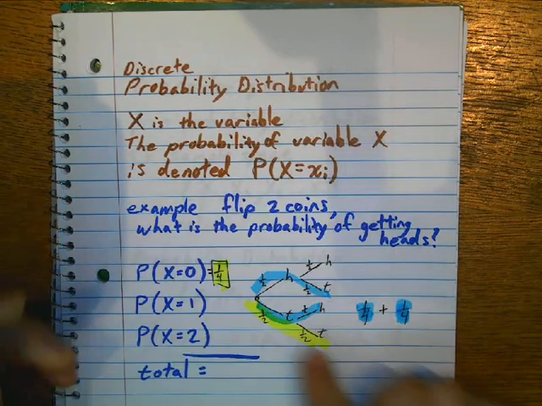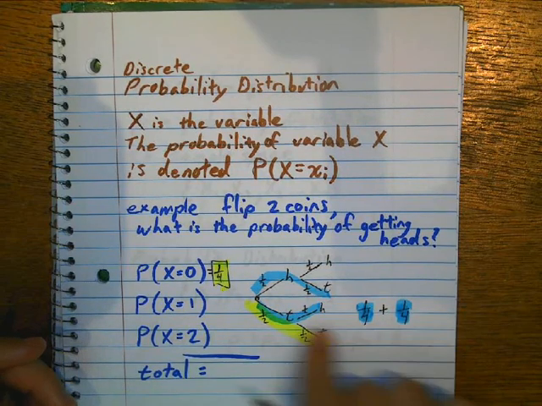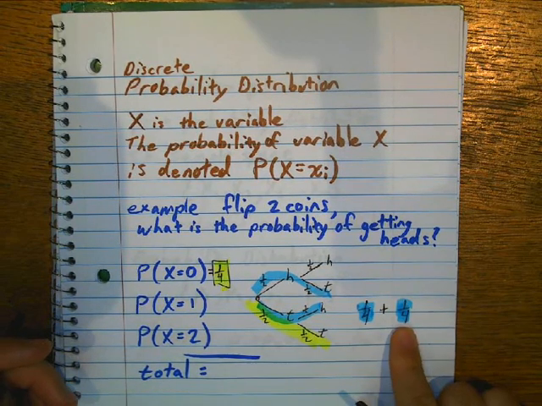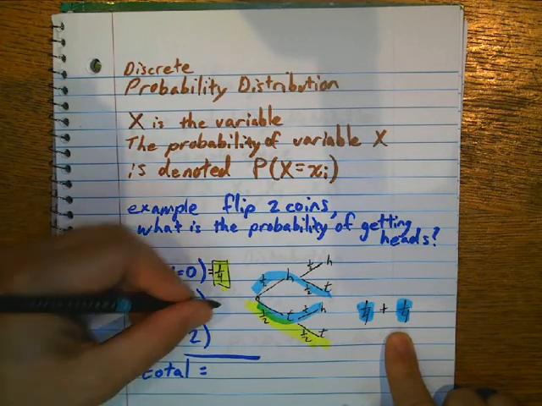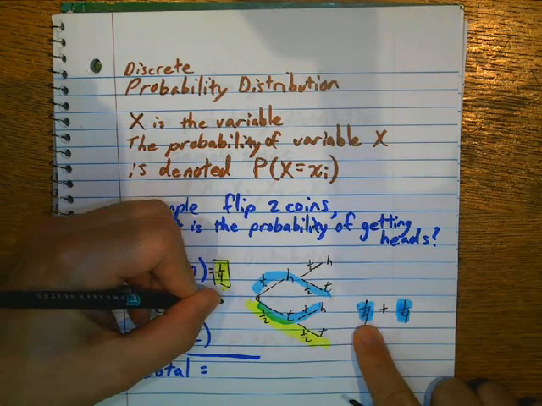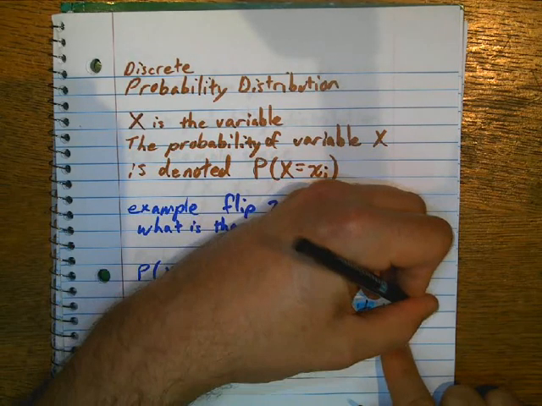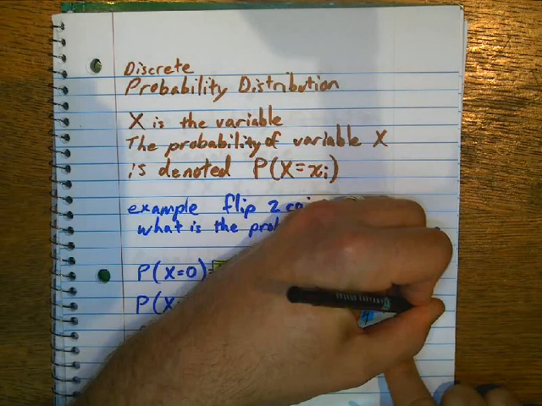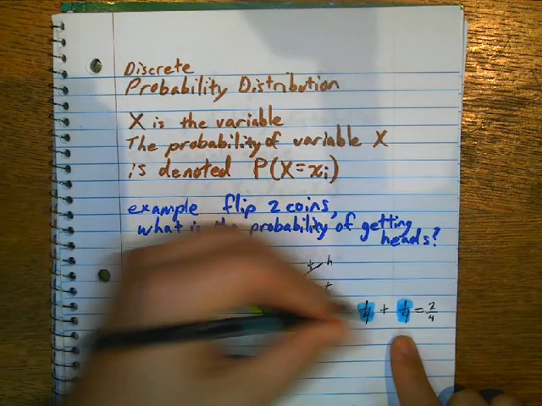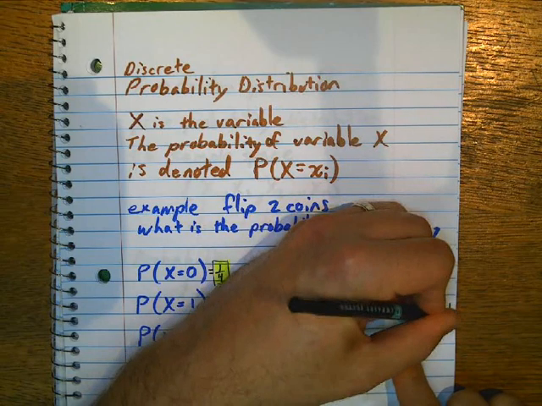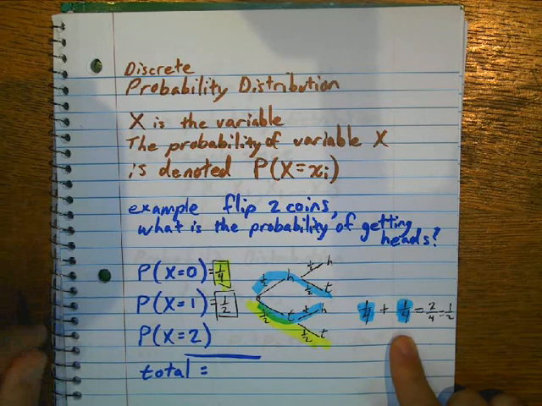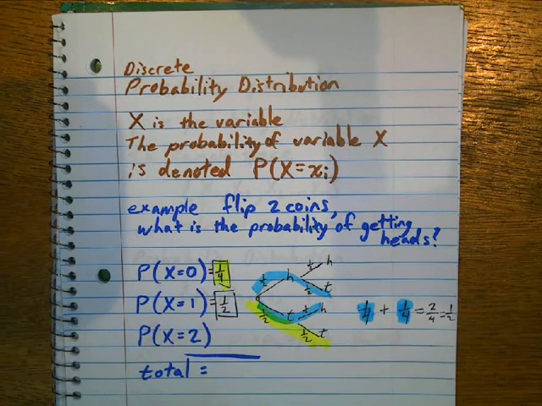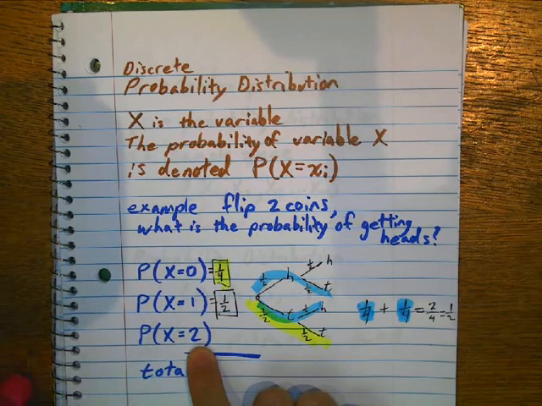If I go this route, I have a fourth chance. If I go this route, I have a fourth chance. So the probability of getting heads once is going to be 1/4 plus 1/4, which is 2/4, or simply 1/2. So I have a half chance of getting one head.